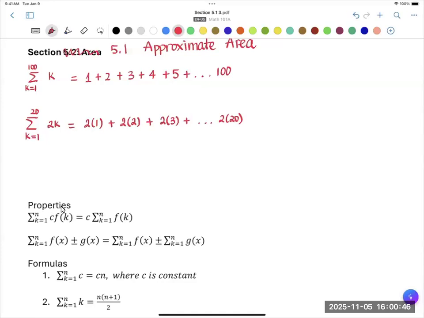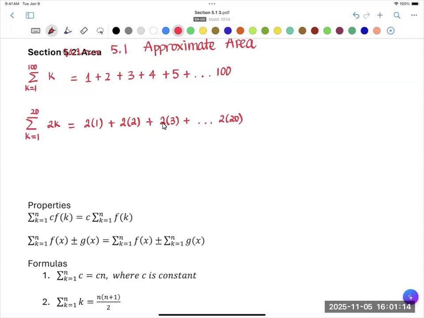Okay, let's look at the properties. One of the first properties actually works for this example as well. The first property says that if you have the summation of a constant coefficient times the variable, you can always bring the coefficient to the front. That is true because if you expand this summation, I have 2 times 1, 2 times 2, 2 times 3, up to 2 times 20, and all of the terms have the coefficient 2.